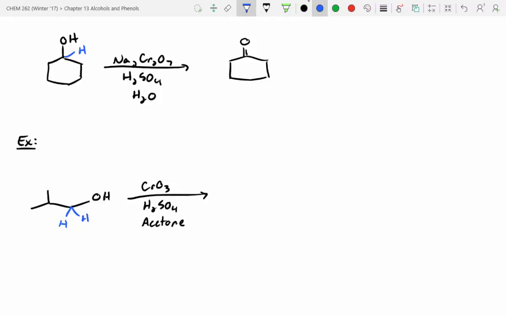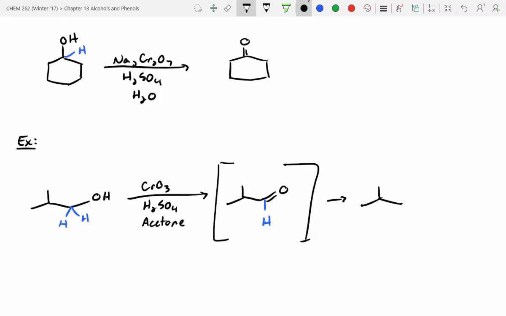So we could say, well, why don't we remove one? If we remove one, we should just stop at the aldehyde. However, the reality is our super strong oxidant is going to blow past this aldehyde and continue oxidizing it all the way to our carboxylic acid.